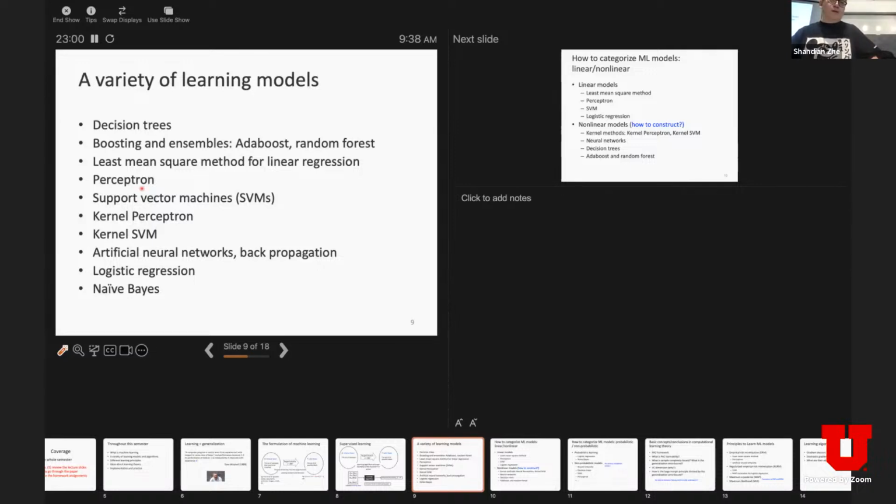It turns out that your optimal weight vector trained from SVM is only determined by a linear combination of a small subset of training examples. Those training examples are called support vectors. So don't forget to look at those. And we can see that we can use the kernel trick to make SVM nonlinear. We can also apply the kernel trick to make perceptron nonlinear.